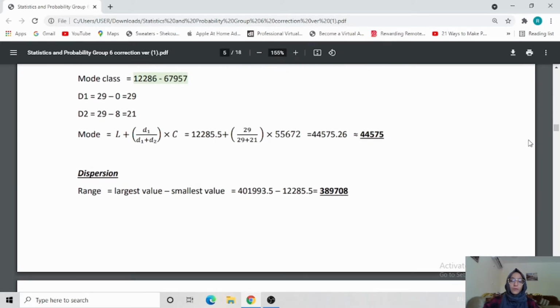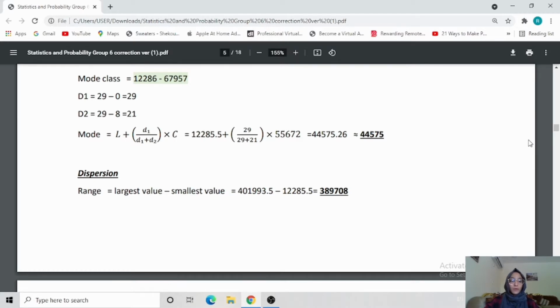The last thing that we will need to get in the central tendency is the mode. I will start with the mode class, which ranges from 12,286 to 67,957. And then we will need to get D1 and D2 for further calculations. So D1 is equal to 29 minus 0 equals 29, and D2 equals 29 minus 8 equals 21.